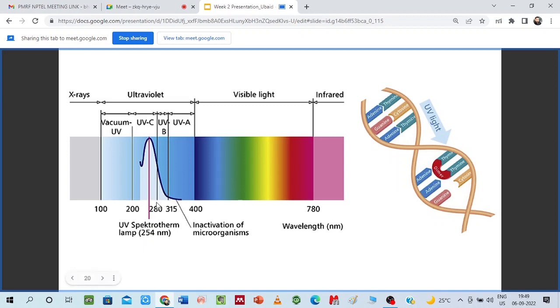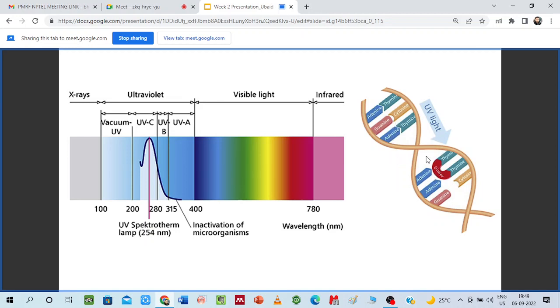So when there is a lower wavelength, there is a higher energy, so they have more penetration power as compared to UVB and UVA. They penetrate the membrane of the bacteria, virus, and spores, and this UV light will damage the DNA present in the bacteria, virus, fungus, yeast, or other cells which are present in the cell culture hood.